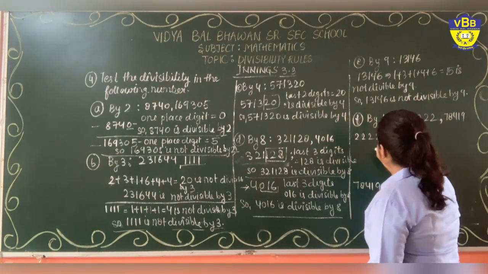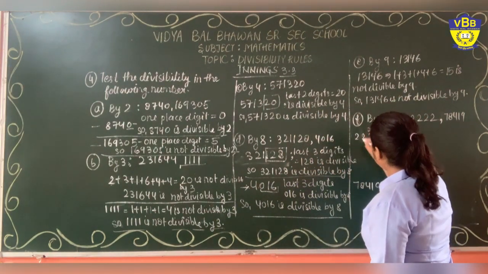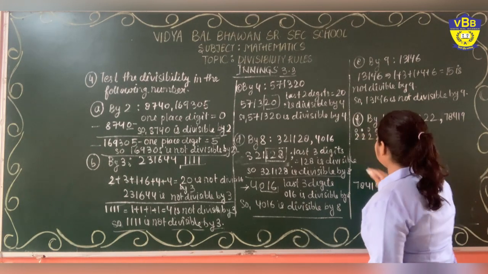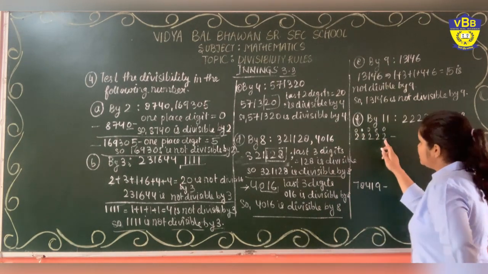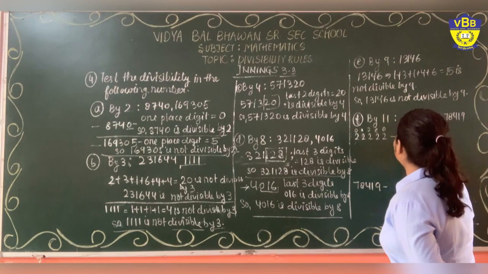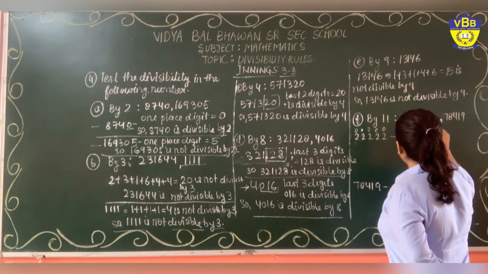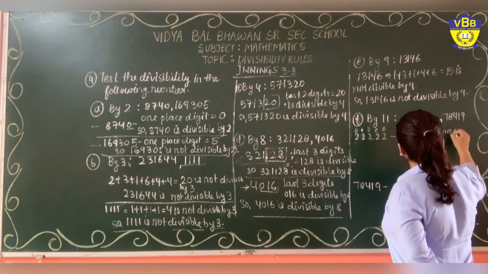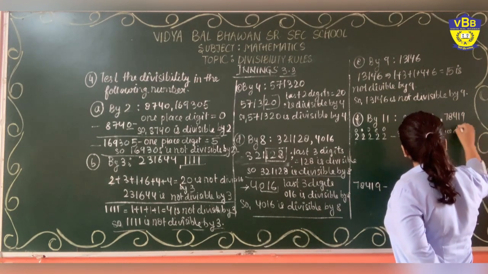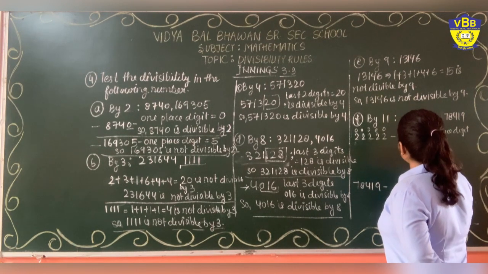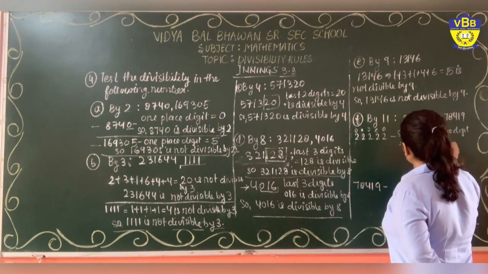So here it is odd place, even place, odd place, even place, odd place. Now we are adding all the odd place digits, that is 2 plus 2 plus 2, which gives you 6.